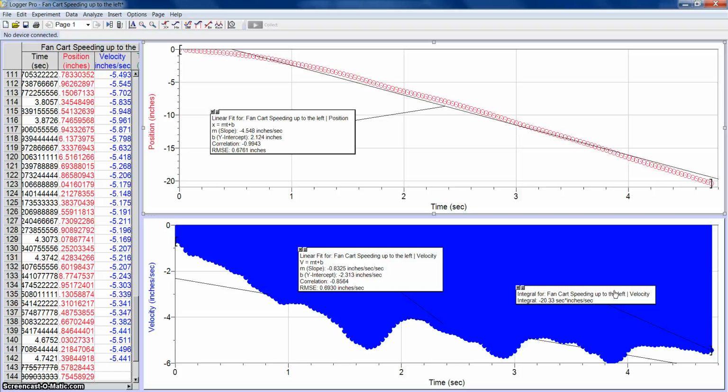So our integral came out to be negative 20.33 inches, which, if we look over here, we start at approximately 0, and we end at approximately negative 20, which is our change in position as well. So our integral and our position-time graph agree, and although we didn't get what we wanted for the velocity graph, it is what it is.